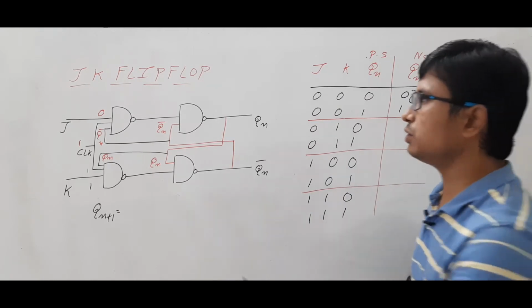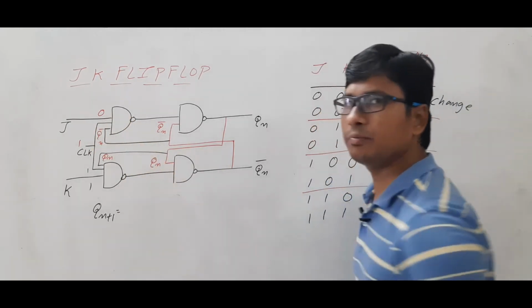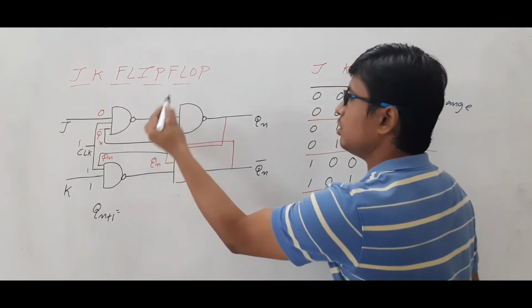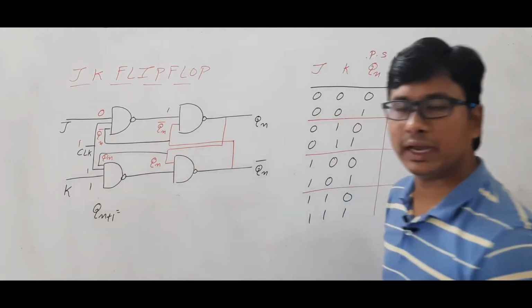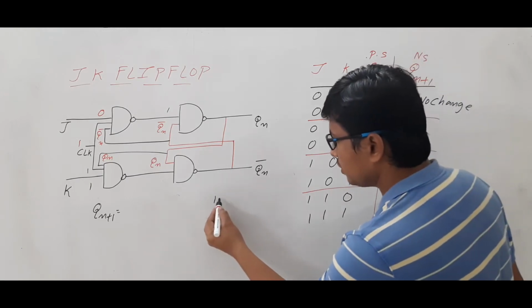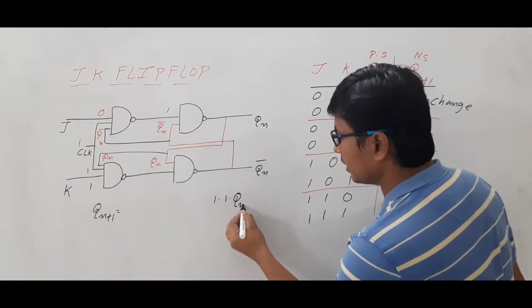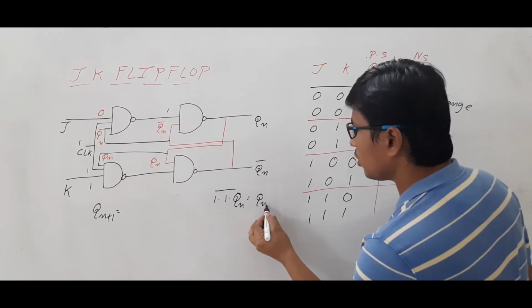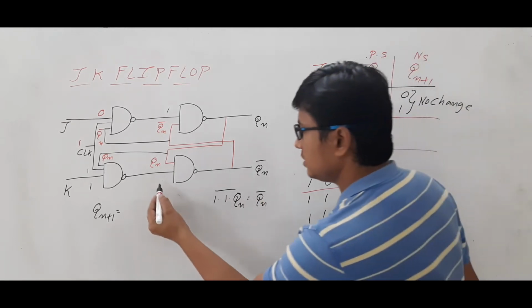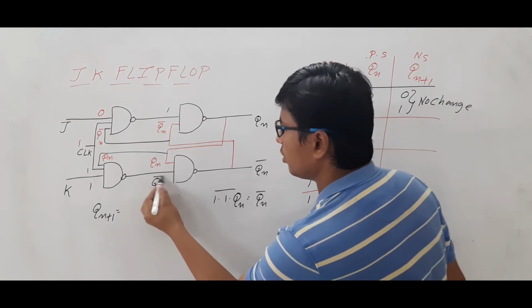Whenever there is a 0, this NAND gate will produce 1 as the output. Now this is 1, 1 and Qn whole complement, which is equal to Qn complement. So this input will be Qn complement.